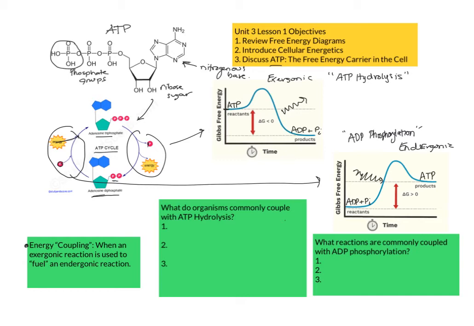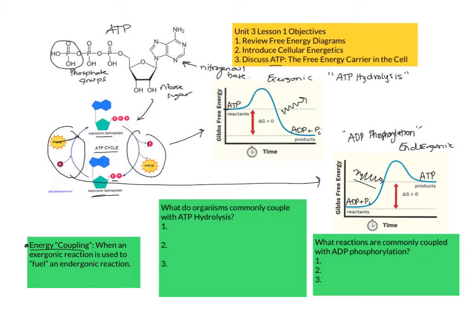And this makes sense because, as you've seen in these diagrams, every time an exergonic reaction occurs, some amount of free energy is released into the surrounding system. So it makes sense if you could use that energy to fuel a reaction that needs energy, such as an endergonic process. That's what energy coupling is referring to.